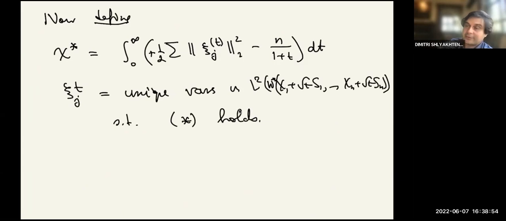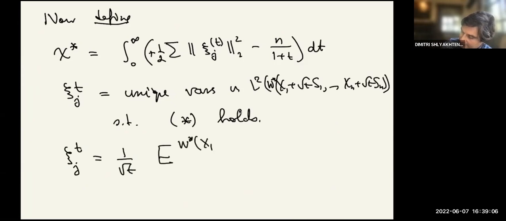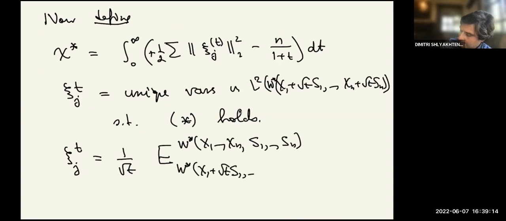And again, I don't have time to explain, but in fact there's a formula for this one. Namely, this is 1 over square root of t times the conditional expectation from the von Neumann algebra generated by x1, ..., xn and s1, ..., sn, onto the von Neumann algebra generated by x1 plus root t s1, ..., xn plus root t sn, of sj.